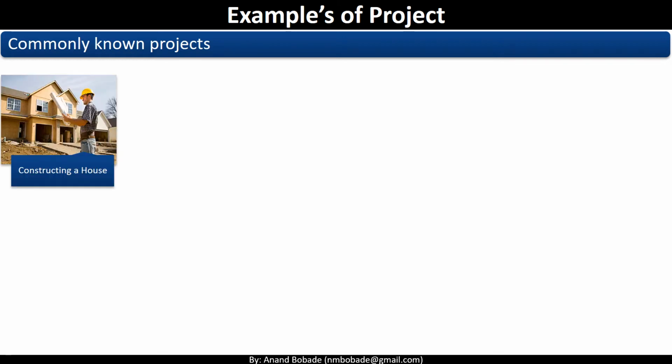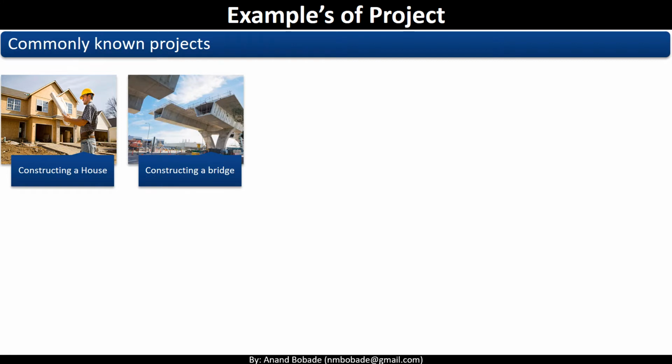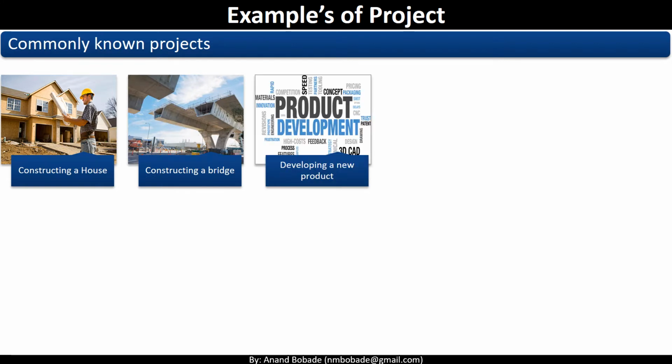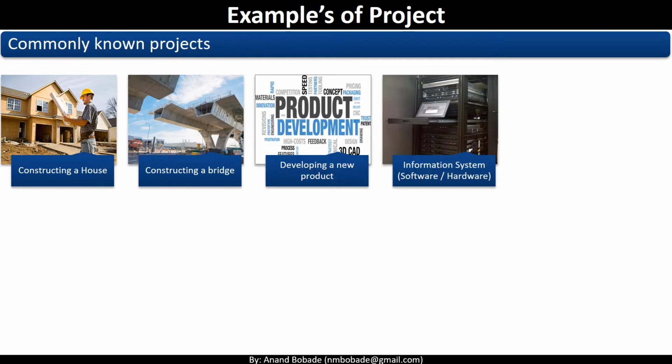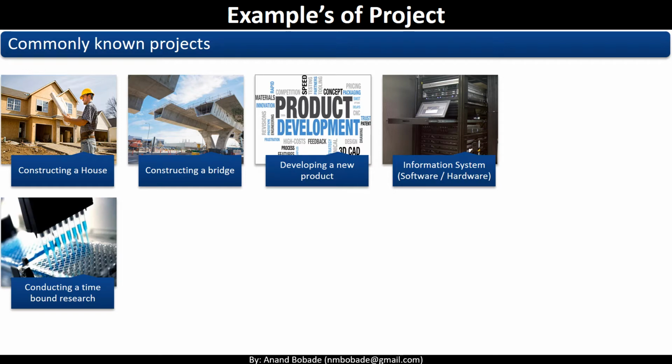Once again, now let's look at commonly known projects. Constructing a house, constructing a bridge, developing a new product, information system, a software system, or implementing a hardware, conducting a time-bound research. Again, very important. If I say a research, maybe it will not have a specific end date, but I am explicitly saying time-bound research means there is a start and end date.